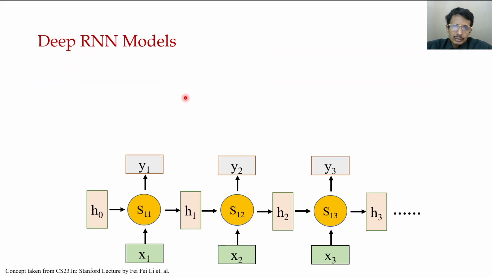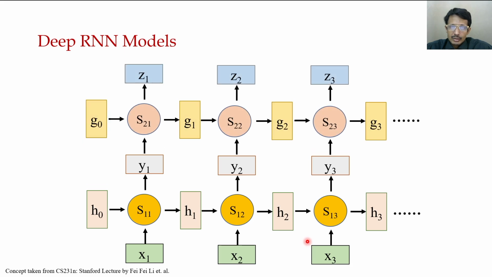Another important thing is the different RNN models that have been used, such as deeper ones. This is our known thing, and if we stack layers we can get a next layer. This is just for hypothetical understanding, so a deeper RNN model can be used.